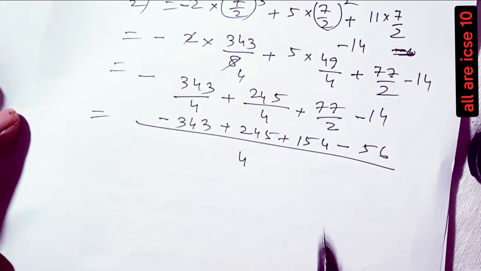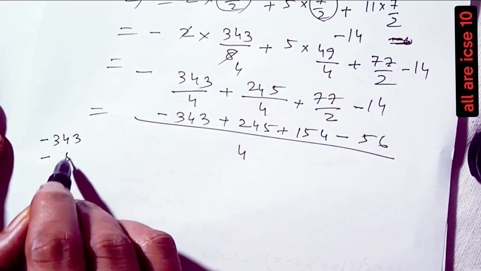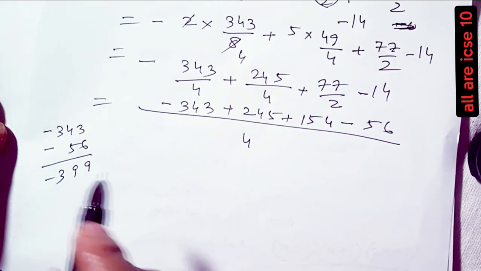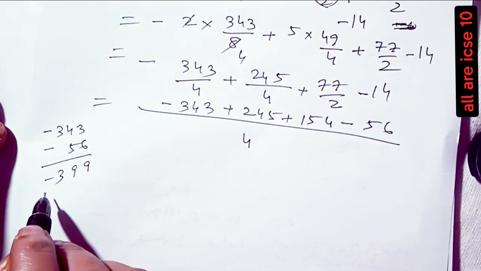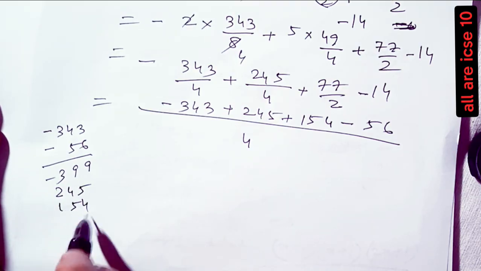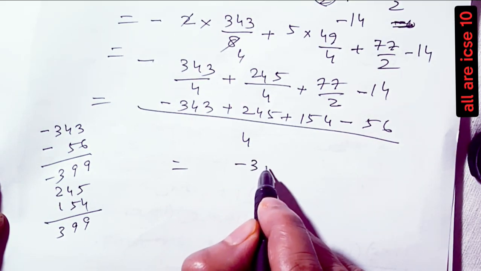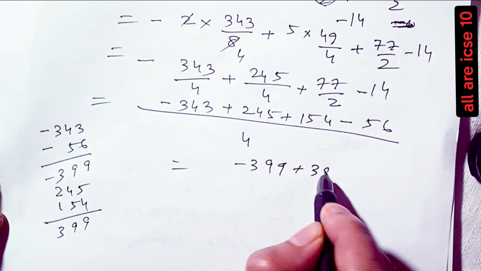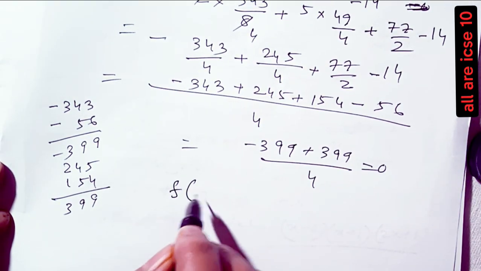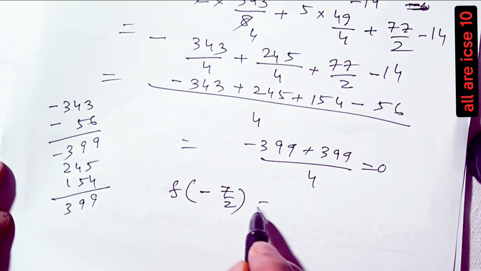Now we add positive and negative numbers: minus 343 minus 56 is minus 399, and adding positive values 245 and 154 gives 399. So minus 399 plus 399 by 4 equal to 0. So we prove, or find, the value of f minus 7 by 2 equal to 0.